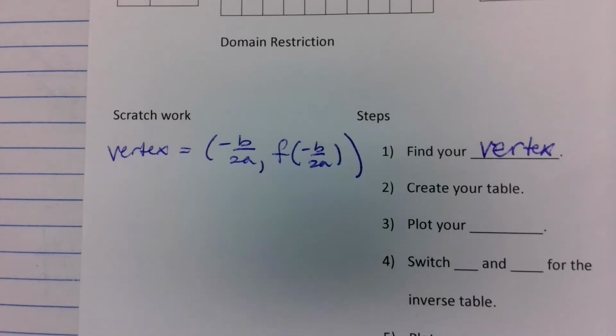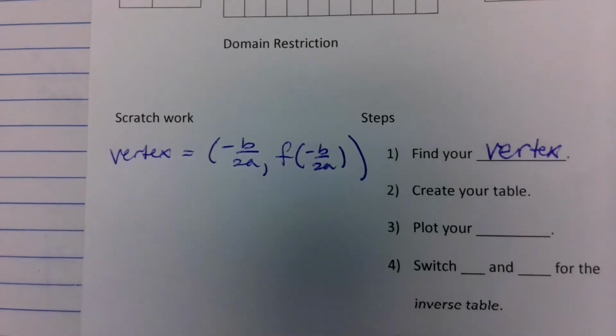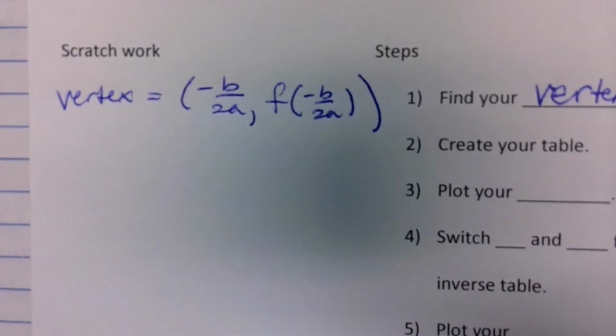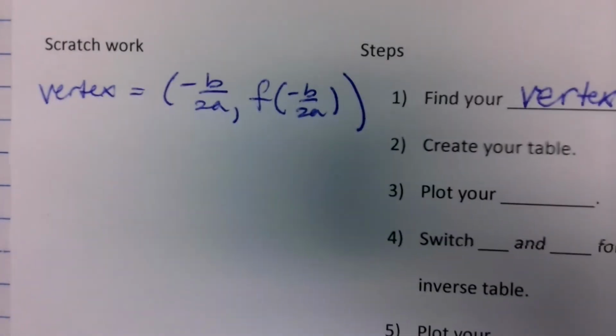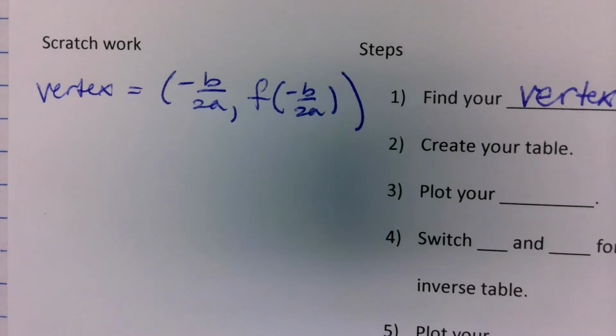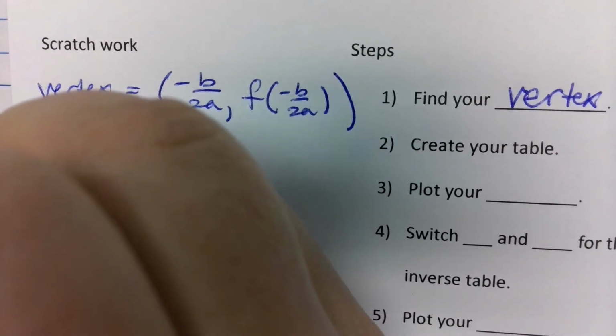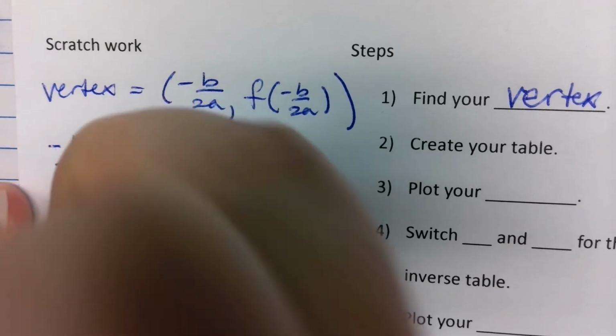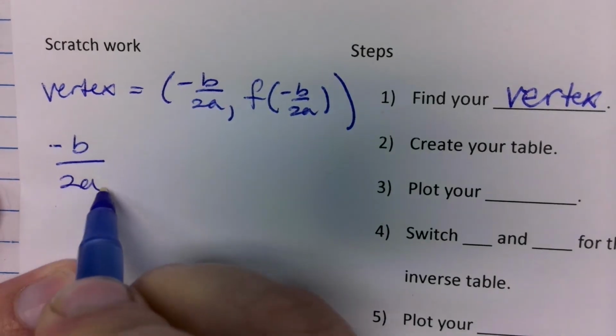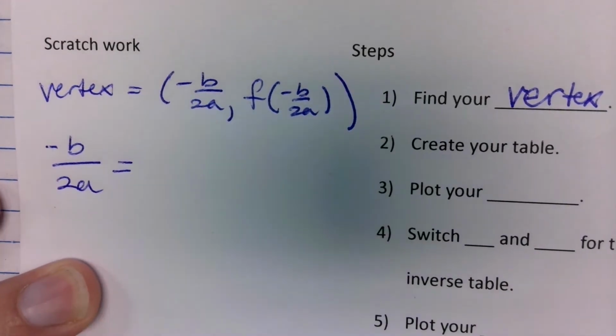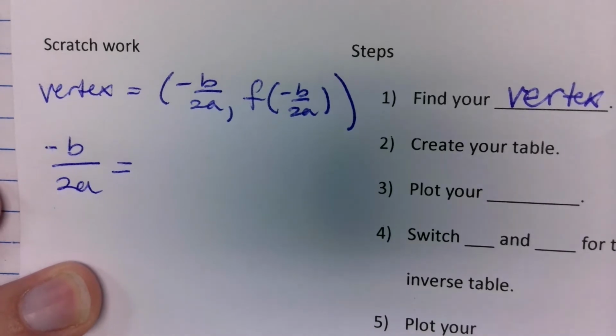You need me to zoom in? Is that any better? Yeah, that's a 2a on the bottom. So I'm going to do the opposite of b over 2a. Now we just need to figure out what a, b, and c are.